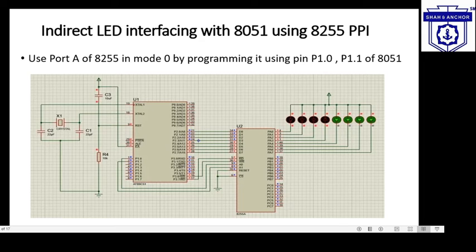Then port A of 8255 is connected to the LED to display the output. So 8255 is placed between LED and 8051. So it is interfacing the LED as an output device with the 8051 microcontroller, through its port.